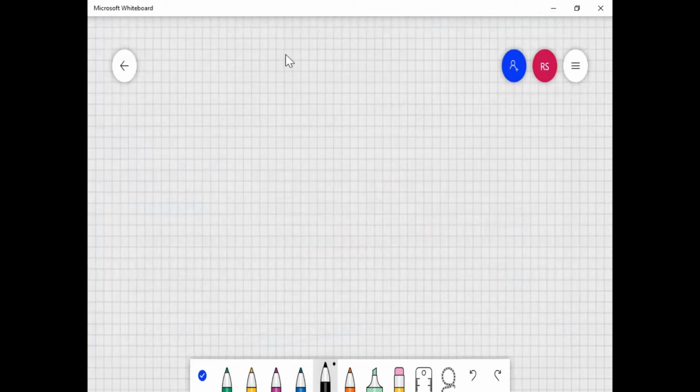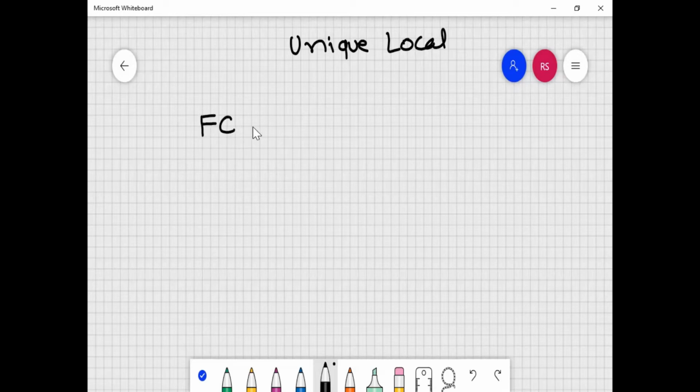Now let us talk about the unique local. Unique local is a bit like your private IP address, which I was saying. It is starting with FC00::/7. Again, 4 bits, 4 bits, 8 bits.